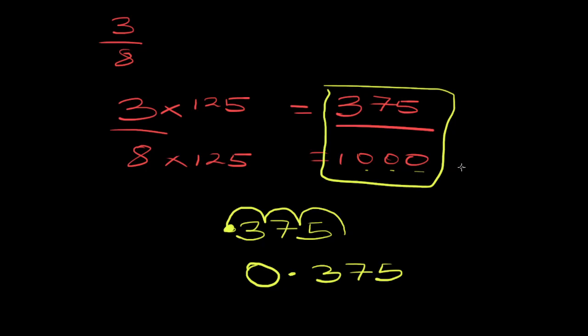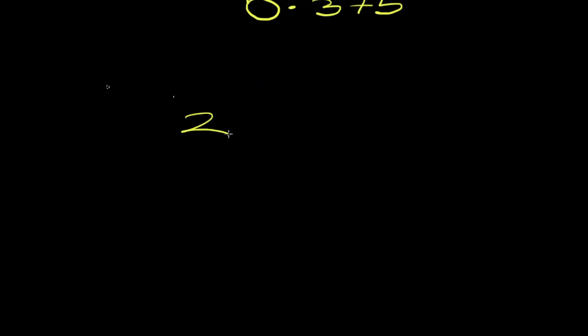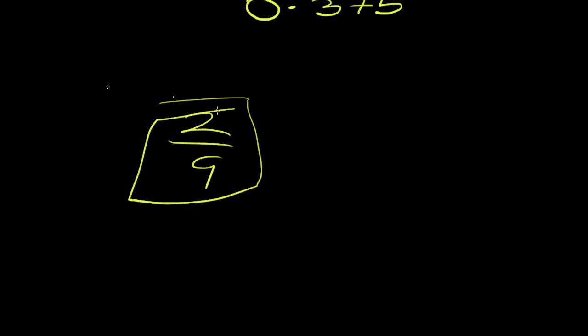For instance, let's say we have 2 over 9. How are we going to change that to a decimal? That is a really interesting one, so I hope you enjoy that one too. I'm going to end this one here and see you in the next video.